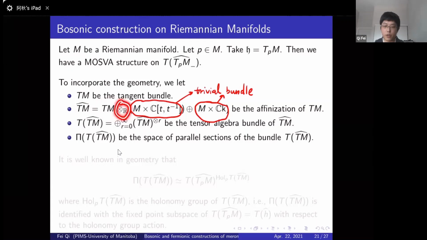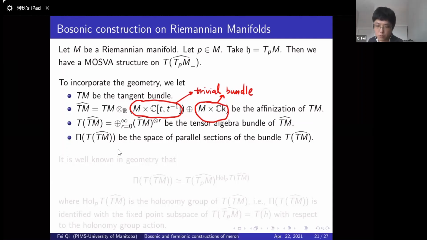Basically, it's tensoring the tangent bundle with the trivial bundle, then direct summing with another trivial bundle. That's the geometry we are using here. Actually, we could try all kinds of other bundles, but I haven't started yet. That might also be an interesting thing to investigate.